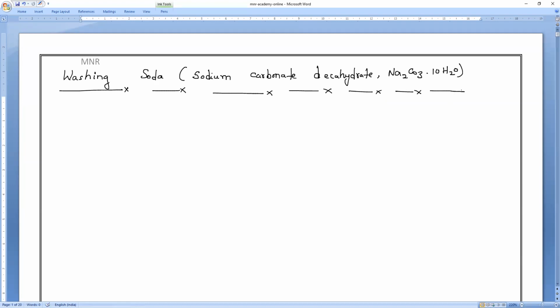Okay. So now, if you observe, this is also one of the major components which is produced from sodium chloride. We all know the importance of washing soda. It has a cleansing property.